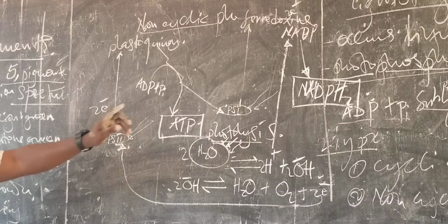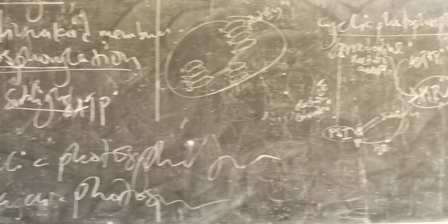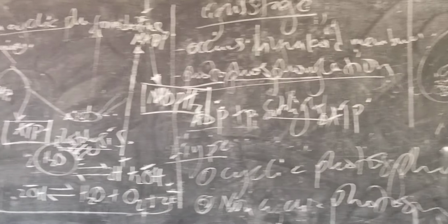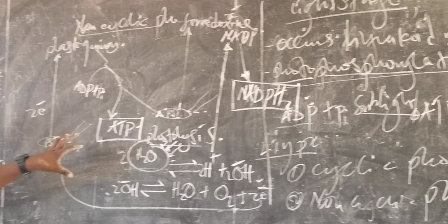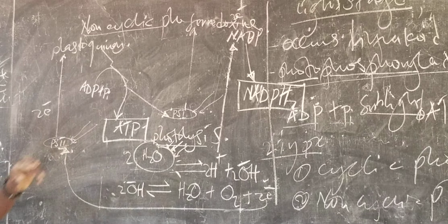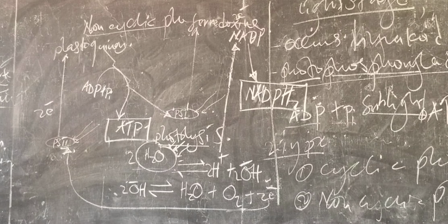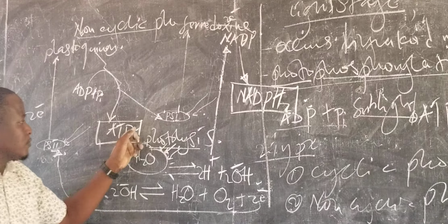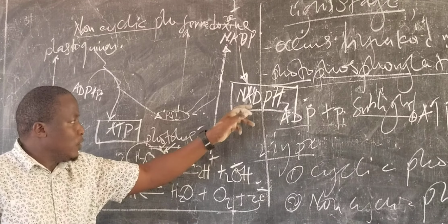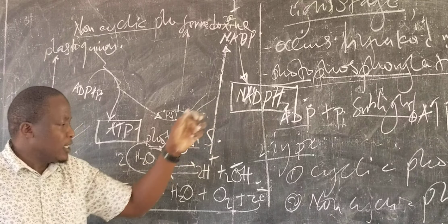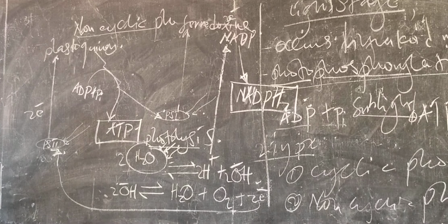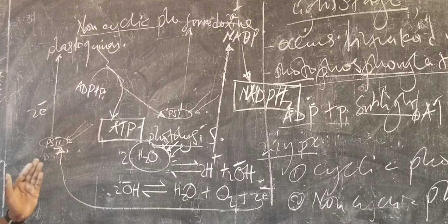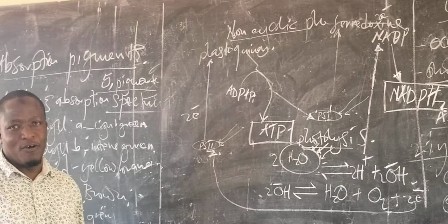It has only 1 electron acceptor, we have 2 electron acceptors. The products formed here are ATP molecules and the reduced NADP. Products formed there is only ATP. But I want to say, we are so much interested in these products because they are going to be key in the dark stage when we are analyzing the other continuing part of how food is formed.